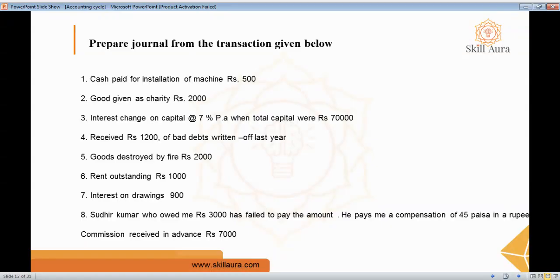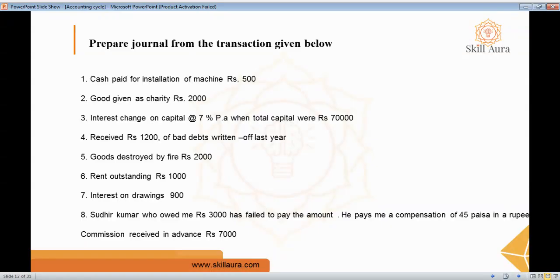We'll record the expense amount by calculating 70,000 into 7%, which will be 4,900. We'll credit the capital account, which reflects the increase in the capital due to the interest.